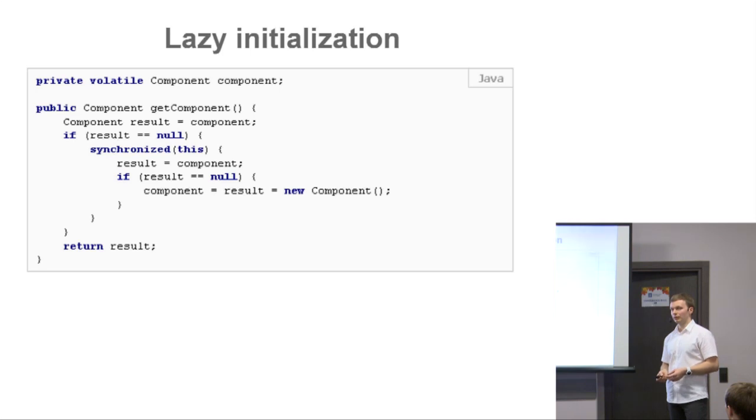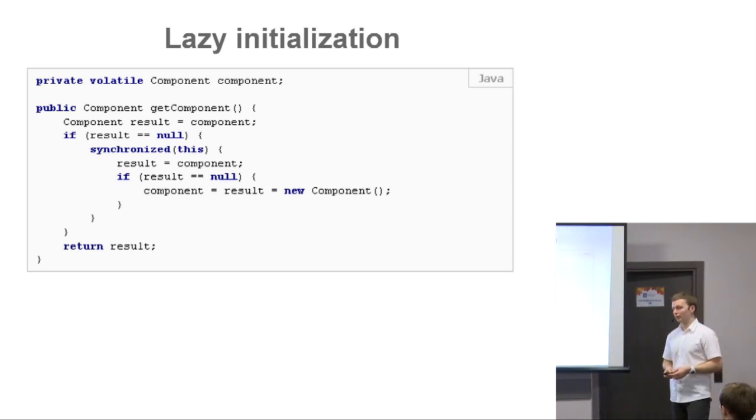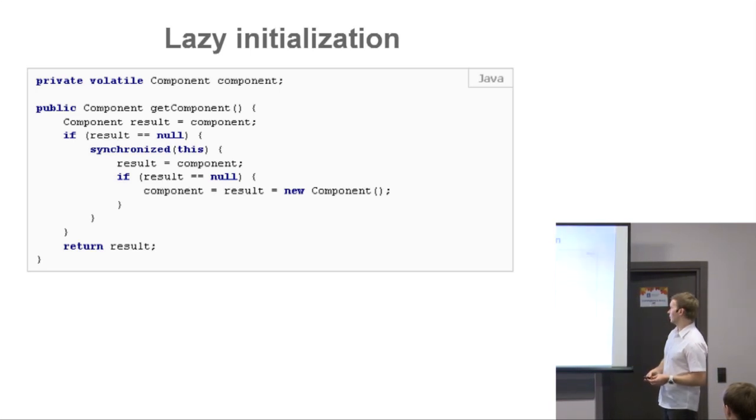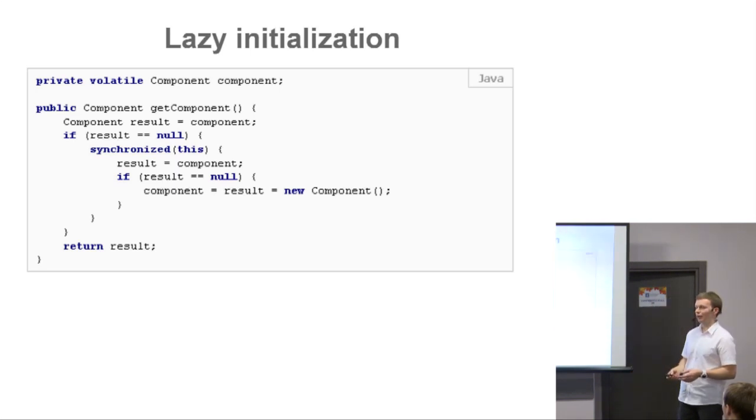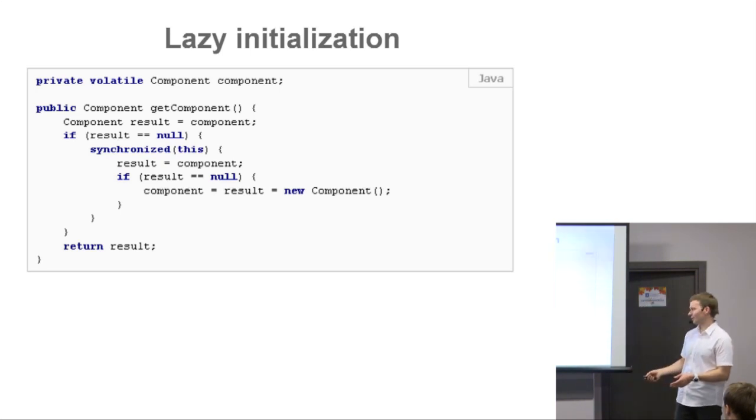And to do synchronization effectively, we may resort to so-called double-checked locking strategy. So we first check some value without synchronization and then use synchronization to perform the check for sure.